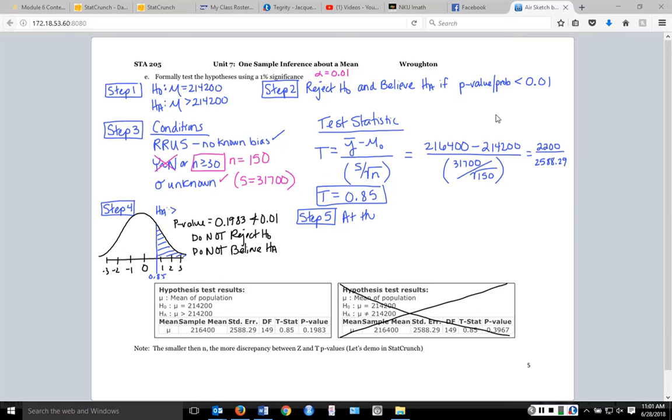So I always start with my alpha level. And then whether I reject it or not tells me if it was or was not statistically significant. This time we did not reject, so this not continues into step 5. So it is not statistically significant.